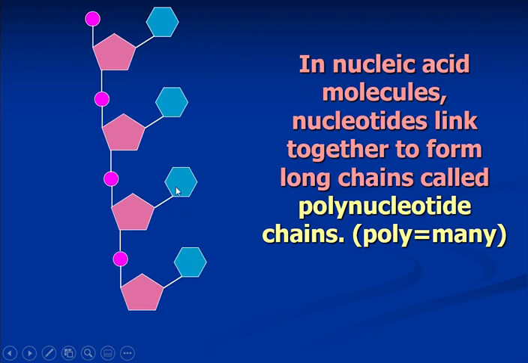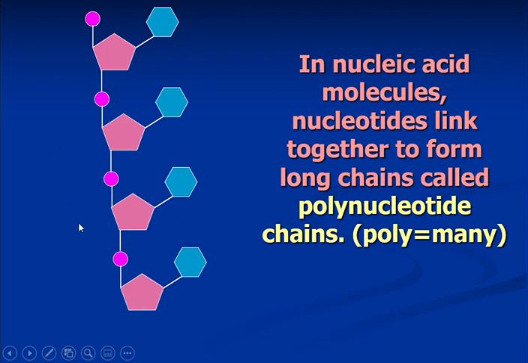So you see, there's no connection here. There is no connection between nucleotides, between the sugar and the nitrogenous base. So you see, there is no connection here. The only connection within the same polynucleotide chain is between the sugar and the phosphate. So make sure that you recognize that. So this is a polynucleotide chain.